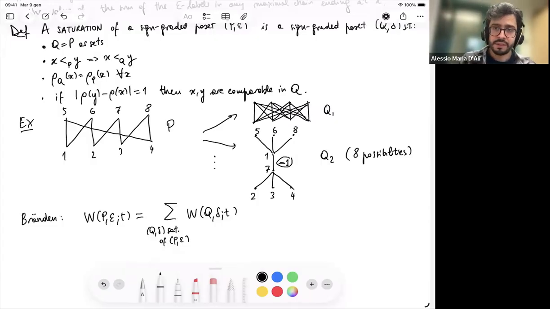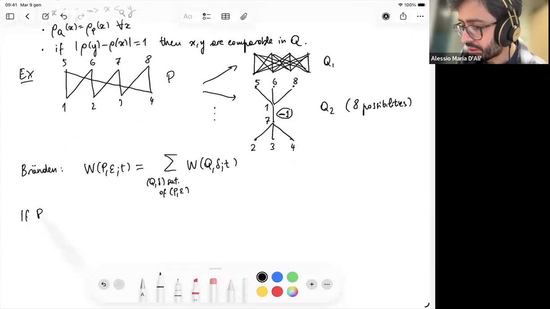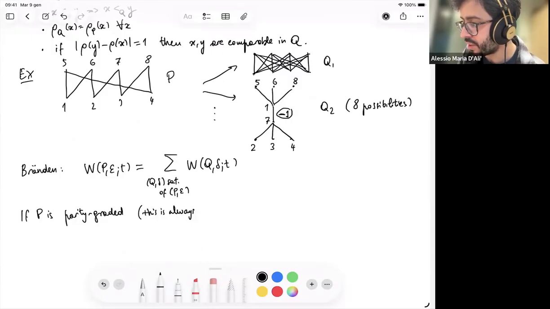And if you can do this, you have reduced the original problem of proving gamma-nonnegativity from the object you're interested in to some smaller class of examples. And actually, there is another nice result under the correct assumptions. So if P is parity graded, whatever this means, but this is always the case when your object is sign graded.